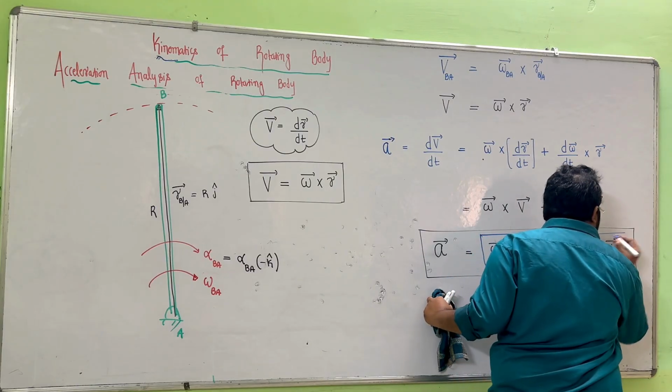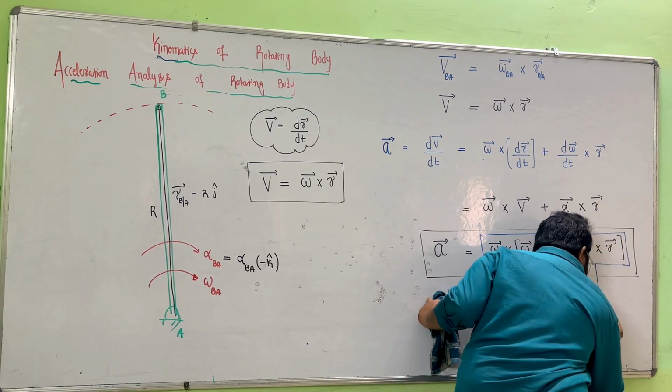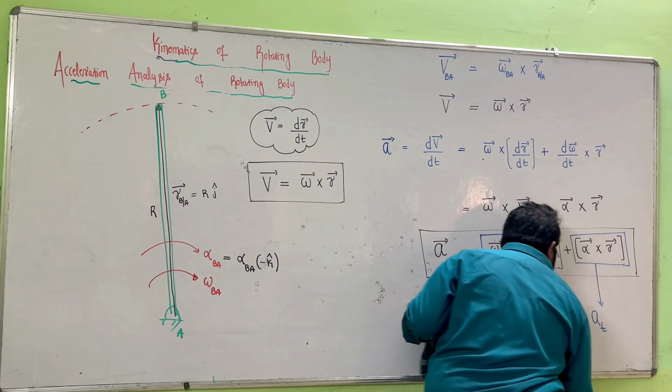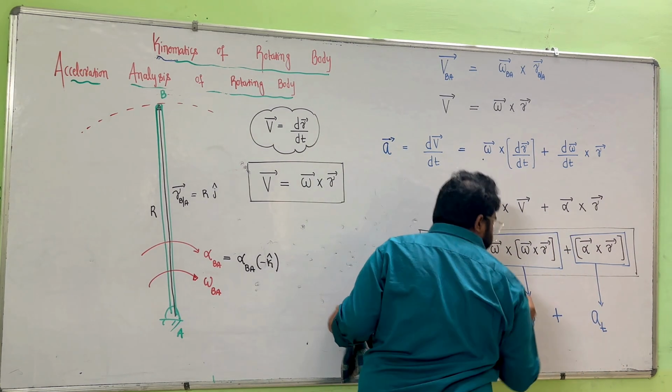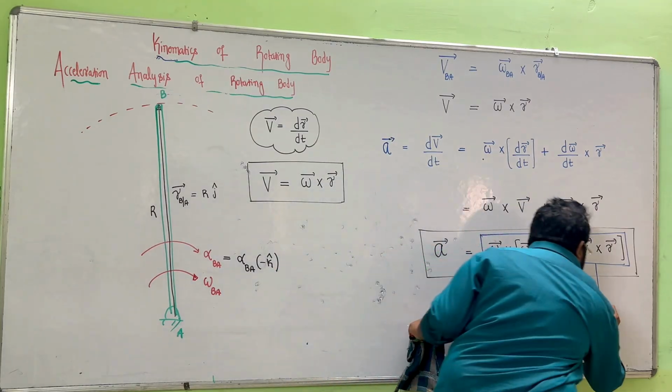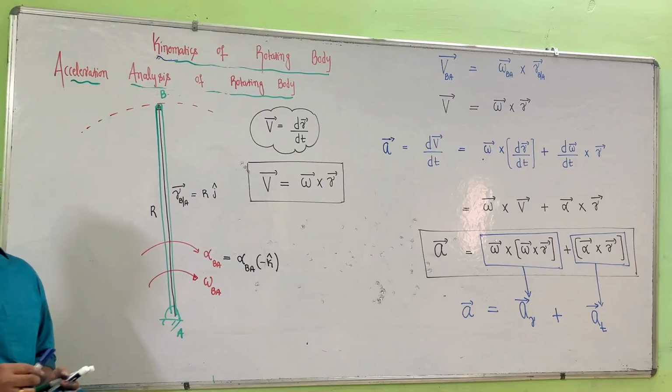Now this term is related to tangential acceleration bar. A bar equals radial acceleration plus tangential acceleration.